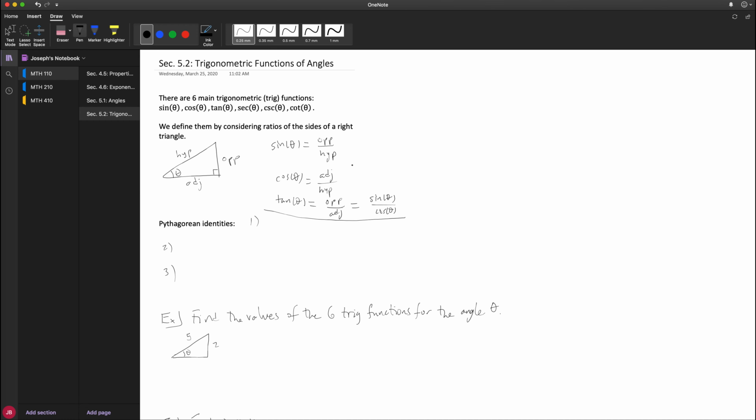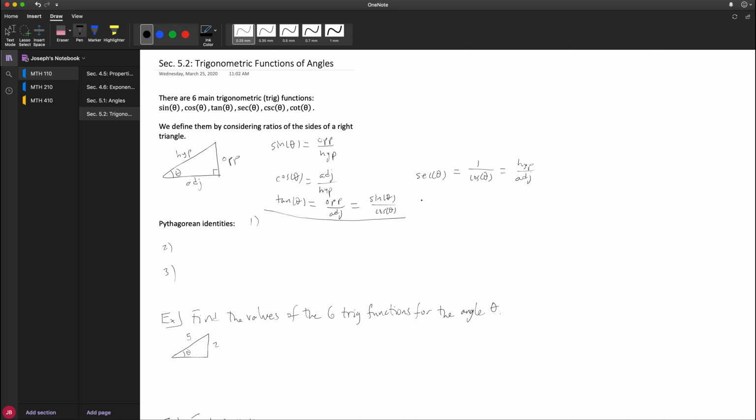Okay, now we actually have 3 more: the secant, cosecant, and cotangent. So first, I'll do the secant. That's defined to be 1 over the cosine of theta, which just means the reciprocal. And so it's hypotenuse over adjacent.